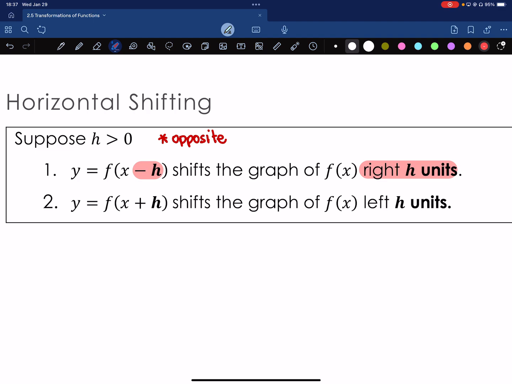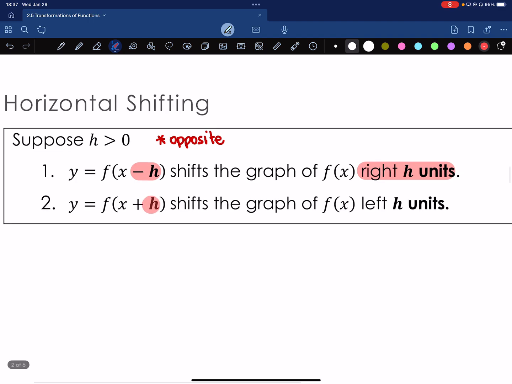So when it's a minus H, you have to think, okay, it's trying to fool me, and I'm really going in the positive direction. And then same thing here with the plus H. That looks like it's positive, but it's really going to the left in the negative direction.